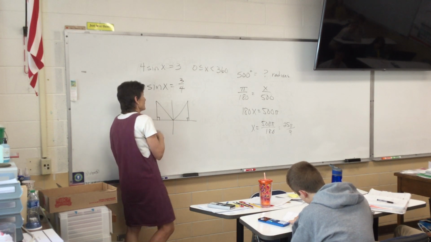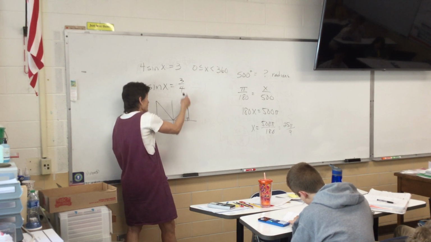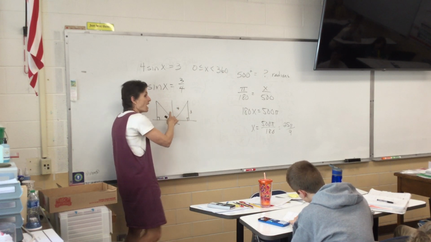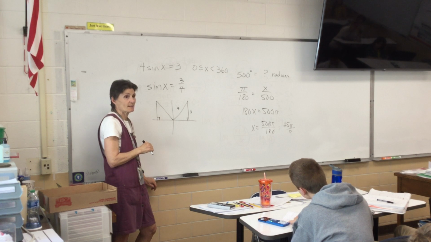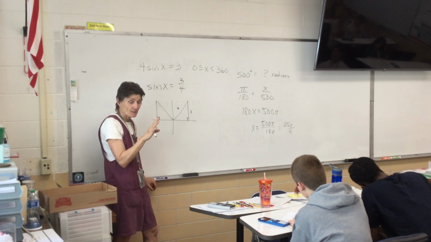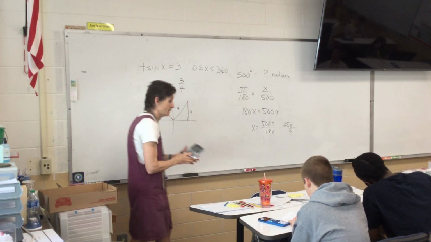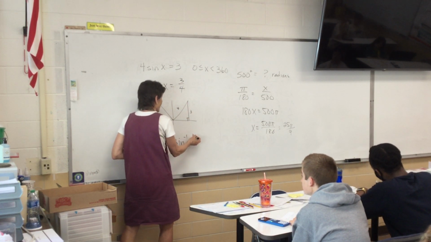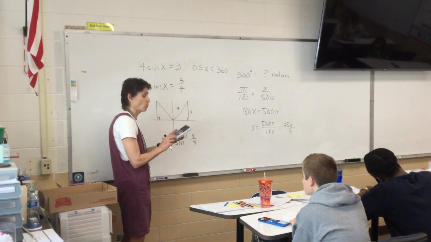Now, I could label my picture opposite and hypotenuse, but that is not one of my special triangles, is it? It's not a root 3 and a 2, or something like that. So that's why I get to use my calculator. I'm going to figure out what angle has a sine of 3/4.